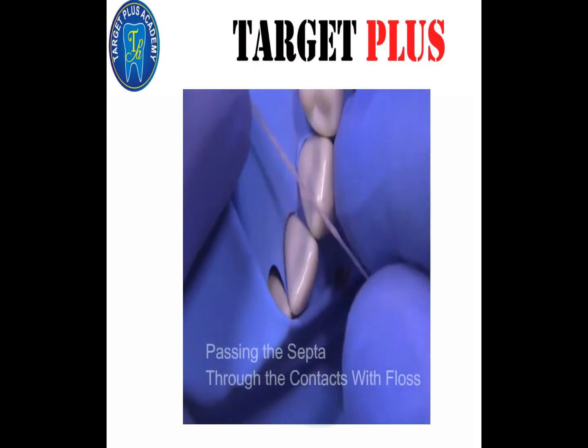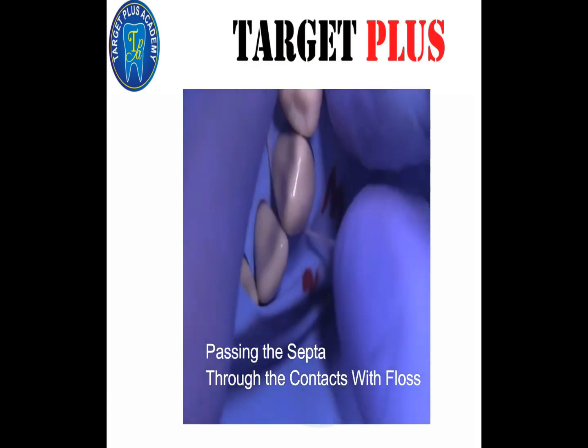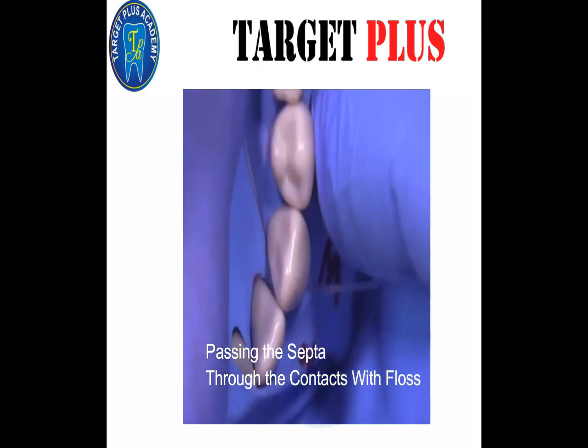Now passing the septa through the contacts with the dental floss. You can clearly see. And the next step is inverting the dam, applying wedges, and checking for access and visibility.